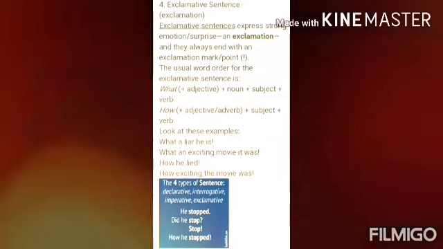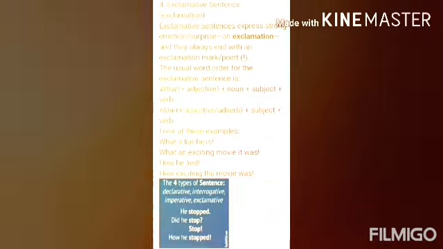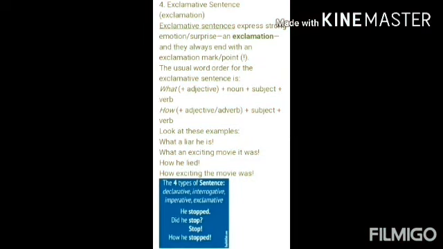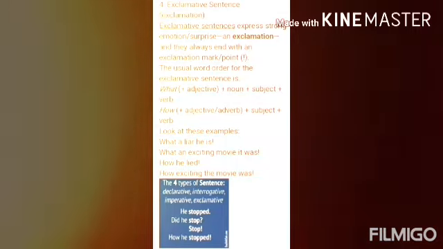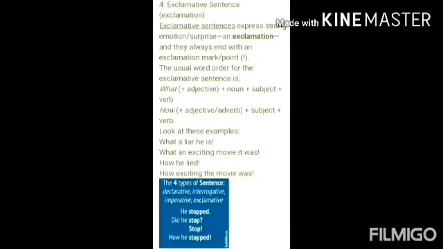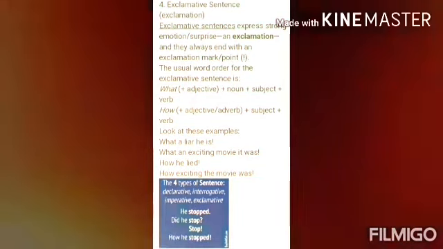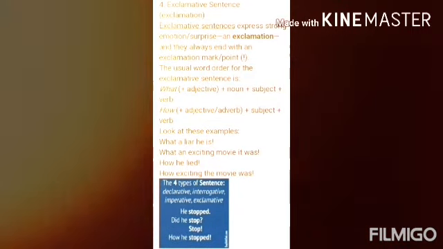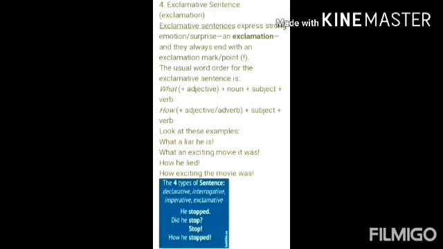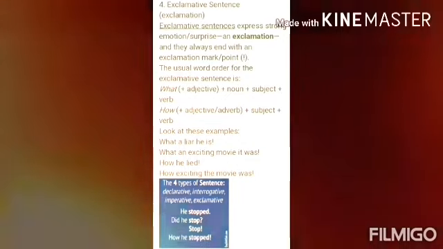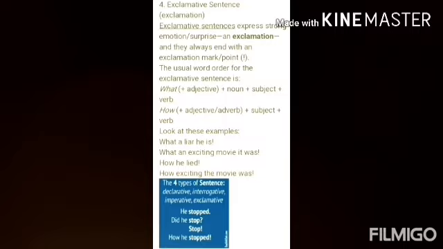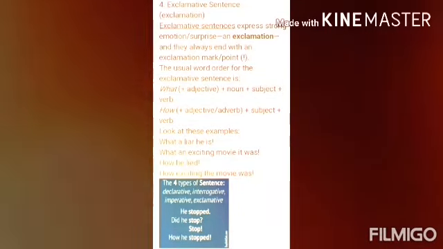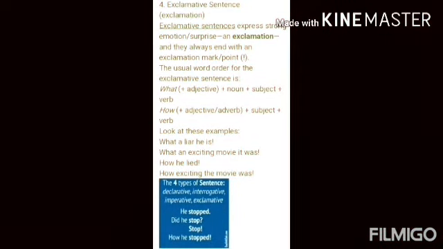An interrogative sentence asks us something, wants information, and always ends with a question mark. It has two kinds. One is the yes/no type, which starts with a helping verb, and the second starts with WH words.